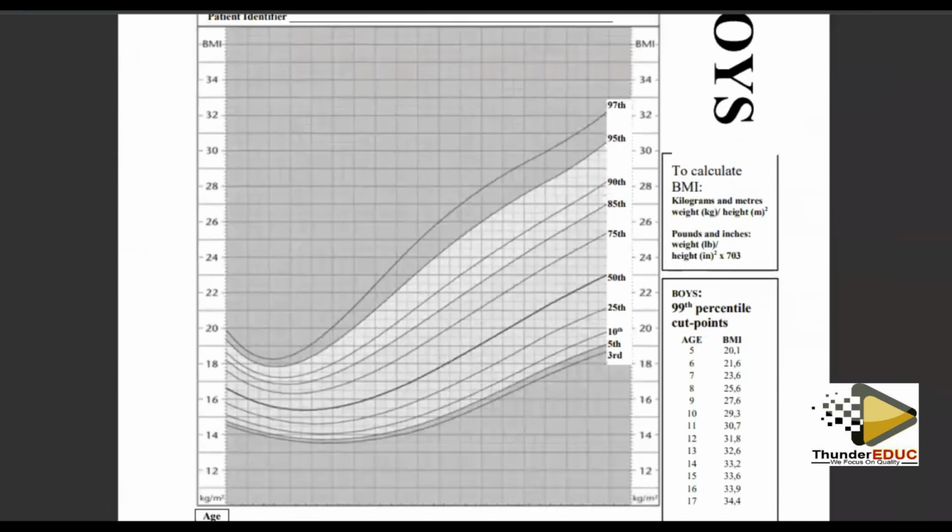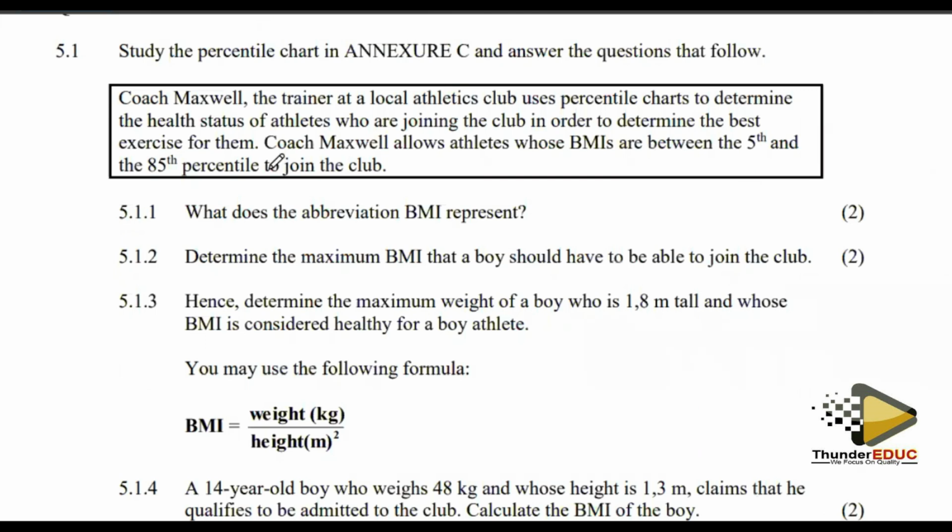So they are saying study the percentile chart C and answer the questions that follow. Coach Maxwell, the trainer at a local athletics club, uses percentile charts to determine the health status of athletes who are joining the club in order to determine the best exercise for them.